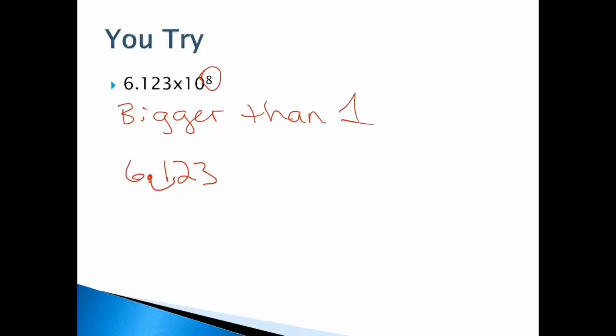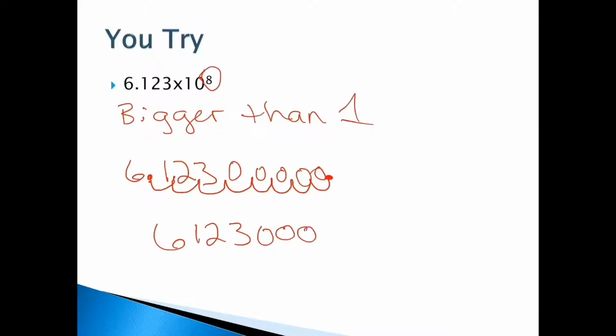So let's move it 8 spaces. 1, 2, 3, 4, 5, 6, 7, 8. Our decimal place is here. Now we need to fill in the zeros, and our standard notation number is 612,300,000.